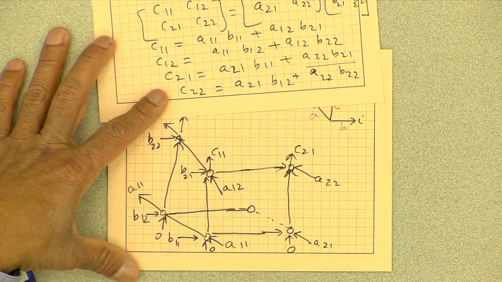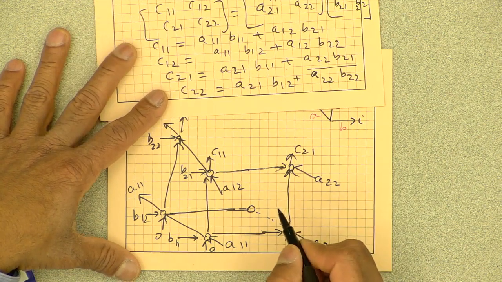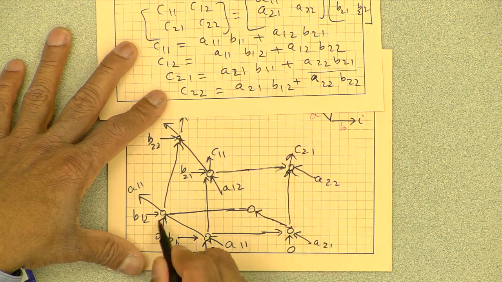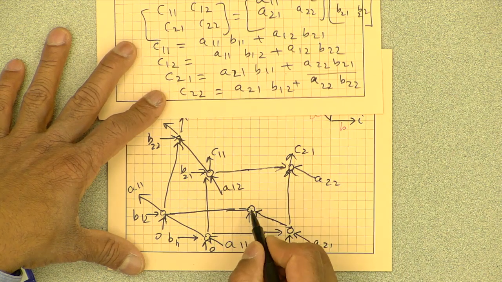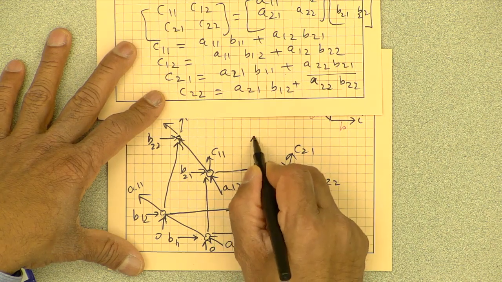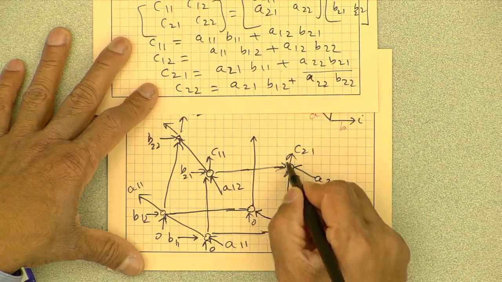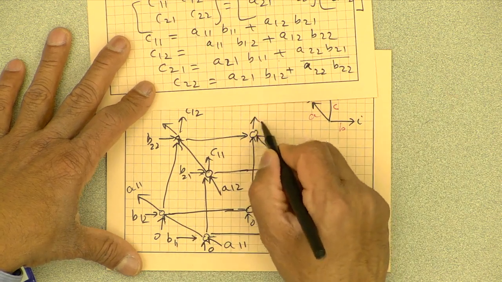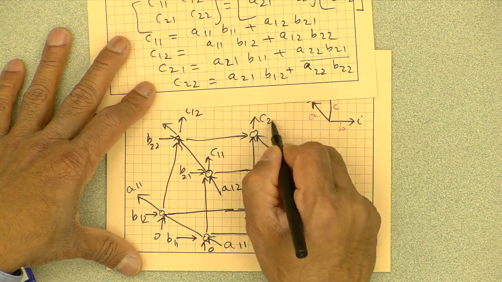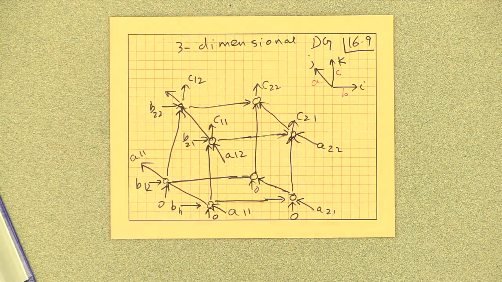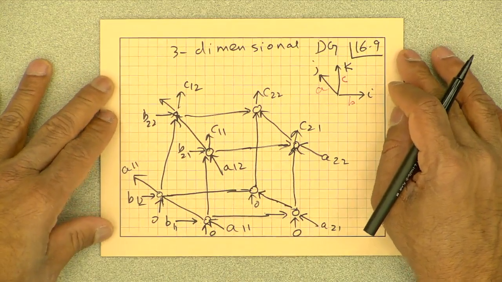And then finally C22, okay, A21 reaches here. So A21 and B12 is here. So 0 plus that, that's A21, B12, okay, going up, plus A22. So A22 reaches this node, B22 reaches that node, and you multiply and add to the previous one, we get C22. So that is the three-dimensional dependence graph of the 2 by 2 matrix multiplication.